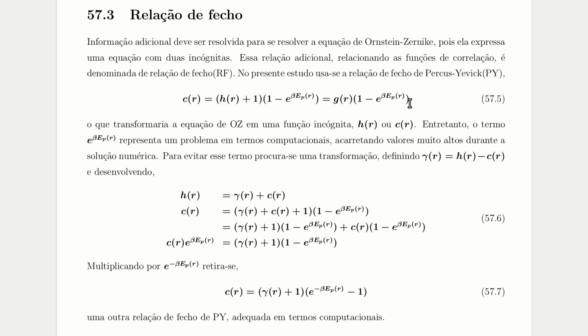But you see there is a plus exponential of the potential here, and for computational purposes that's not very good, that's not very nice, because it can give overflow on the computer. Therefore we define a new quantity, which is the difference between H and C, which is actually gamma, the integral part of the Ornstein-Zernike.